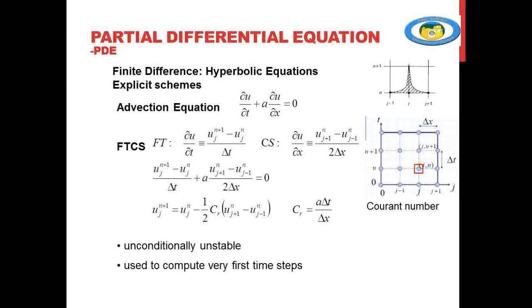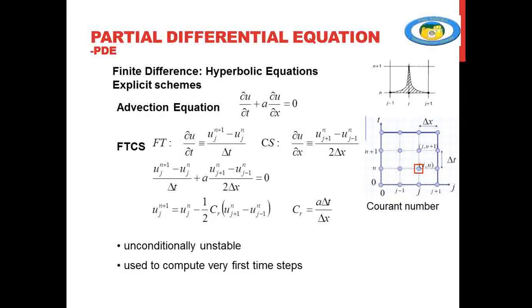Now, we can also represent it using the pure advection equation that could also be expressed using forward time and center space. So obviously, it shall give you here, and then rearranging a little bit, with Courant number, as usual, is equal to A times delta t over delta x.